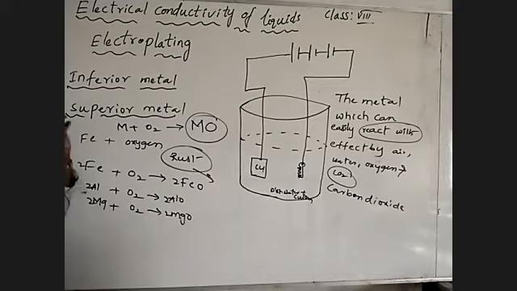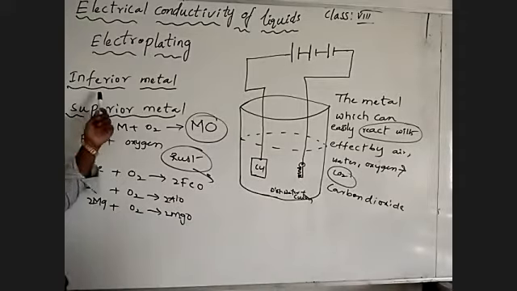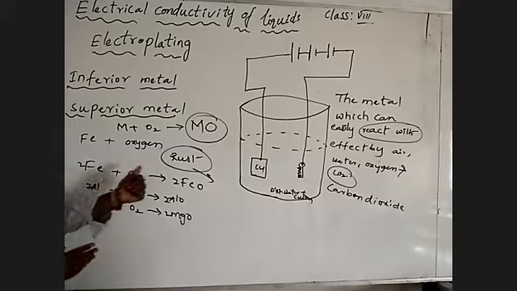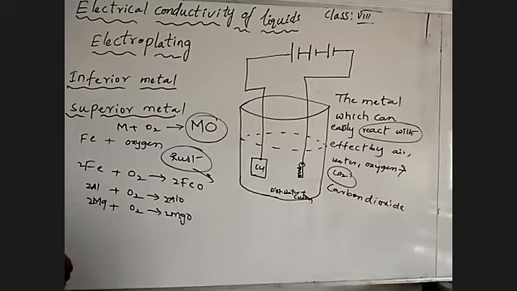Why? Because superior metals are non-reactive with oxygen, water or carbon dioxide present in our air. By that, the inferior metal gets strength and resistance from the superior metal coating on its surface. Resistance means to obstruct, to stop the formation of rust.